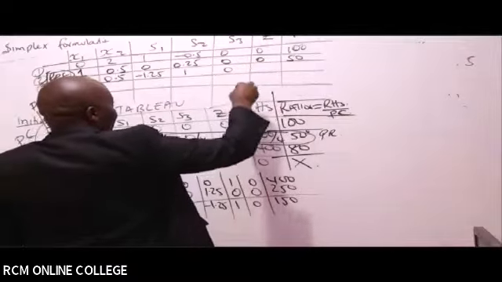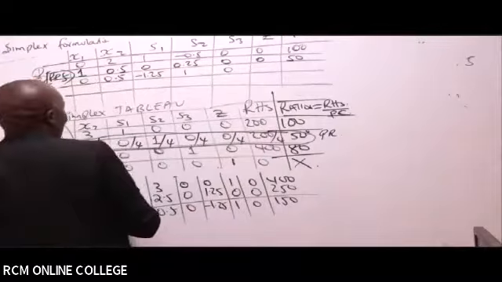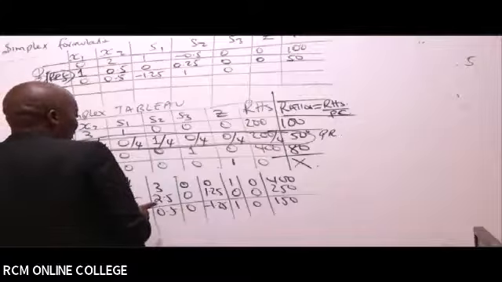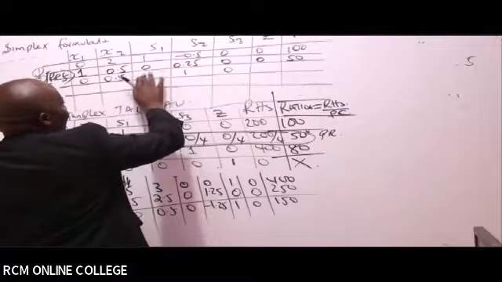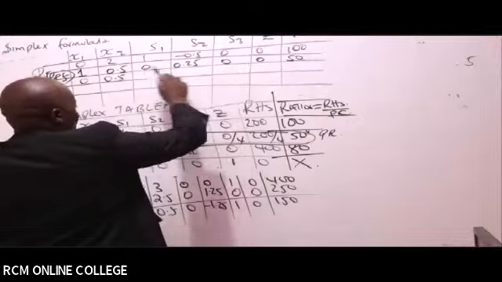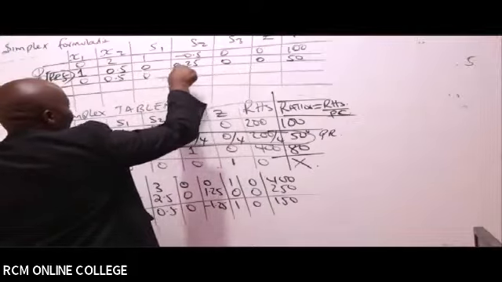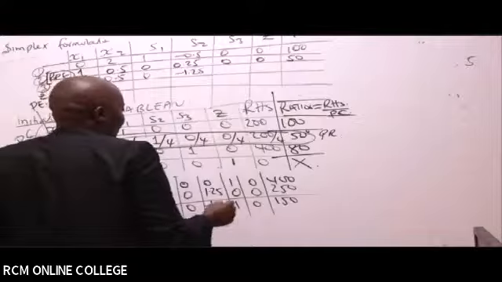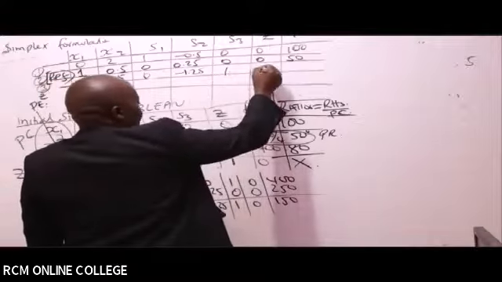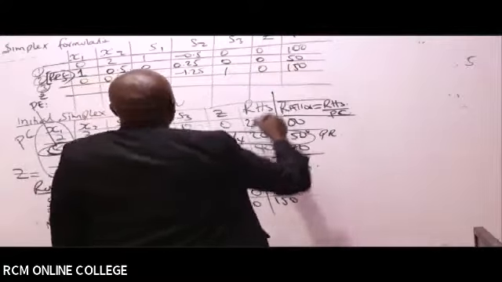Did I skip something? Yes, I skipped a 0. So: 0, 0.5, minus 1.25, then 1, then 0, and then 150 like that.